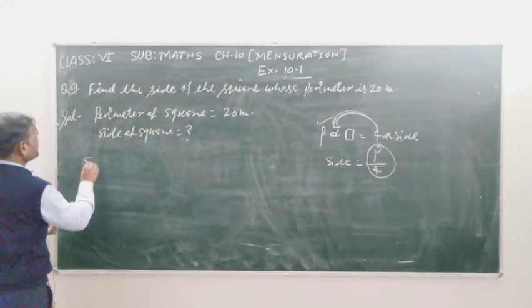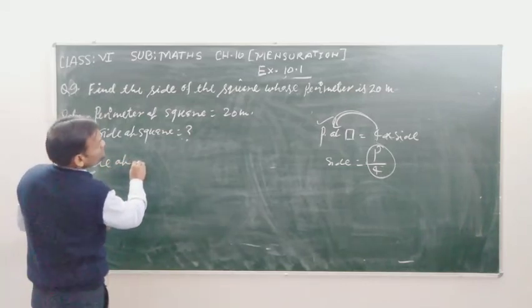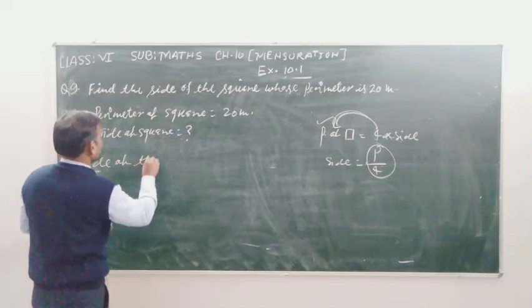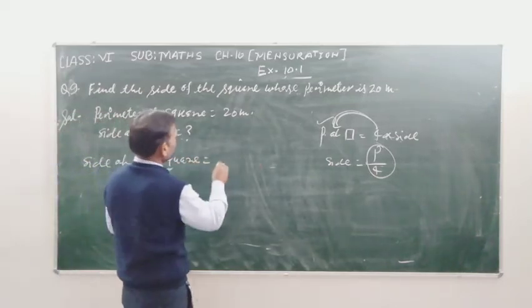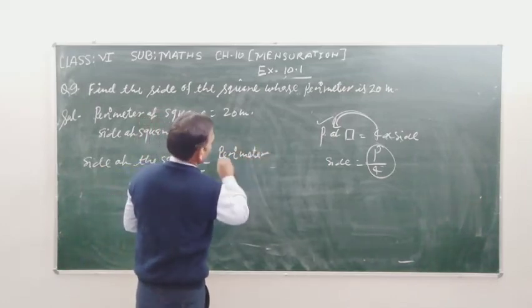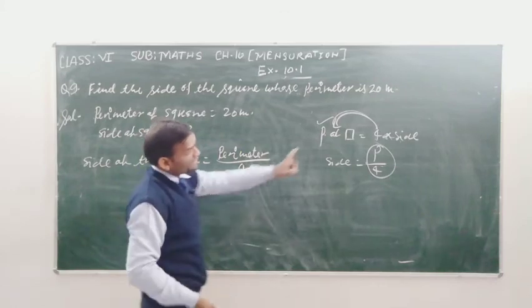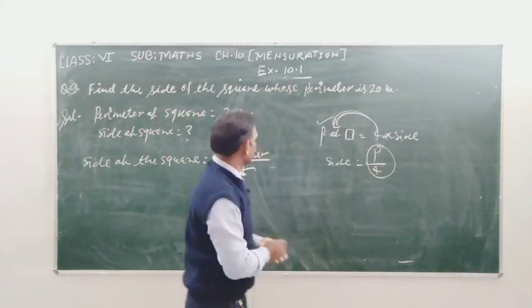Side of the square is equal to perimeter upon 4. If perimeter is given in the question, then we can use this formula, student.